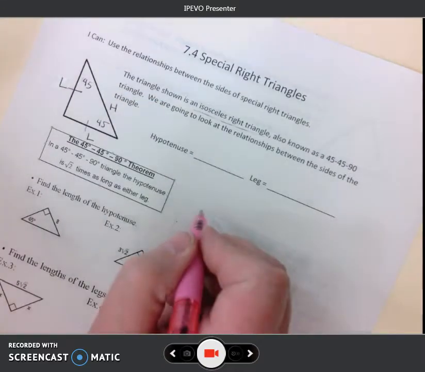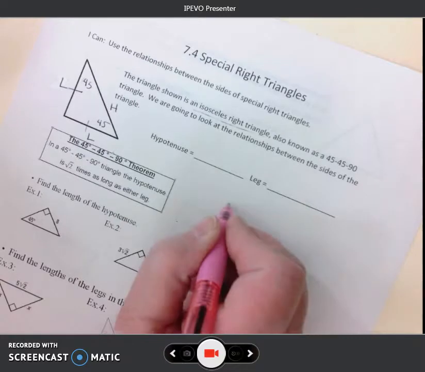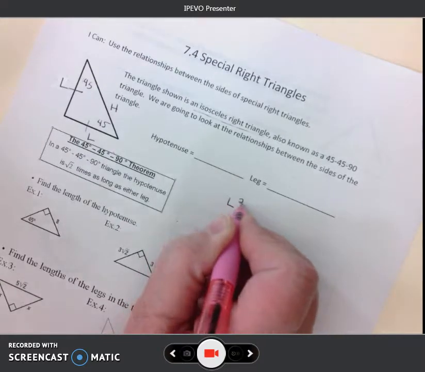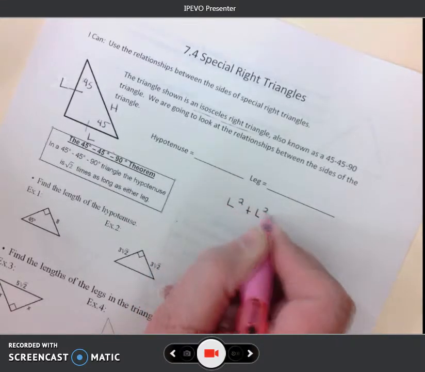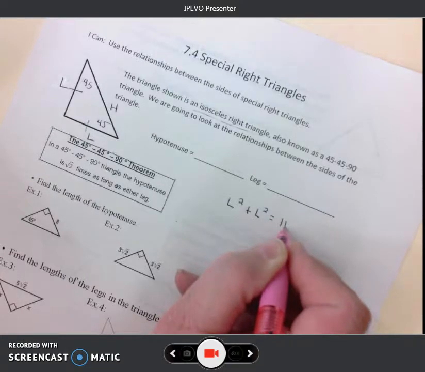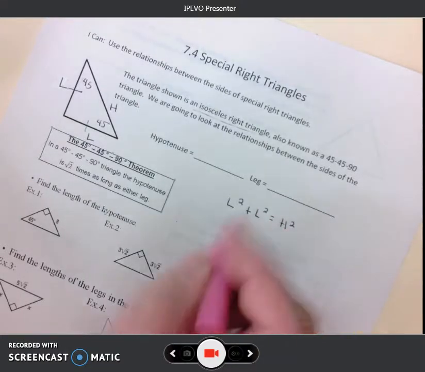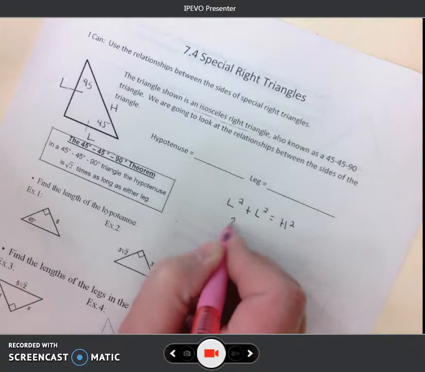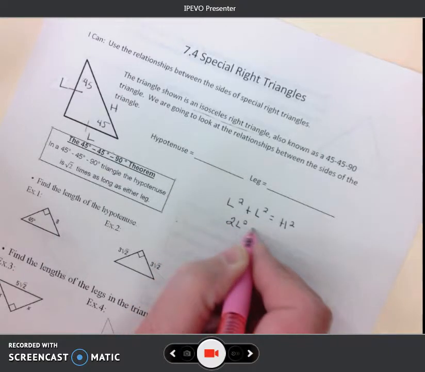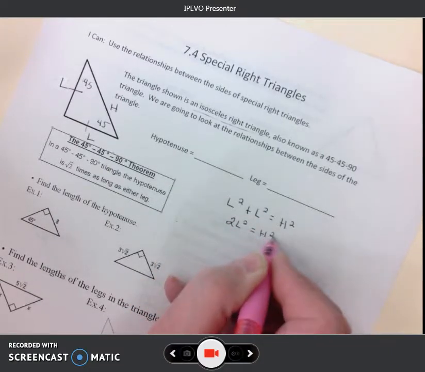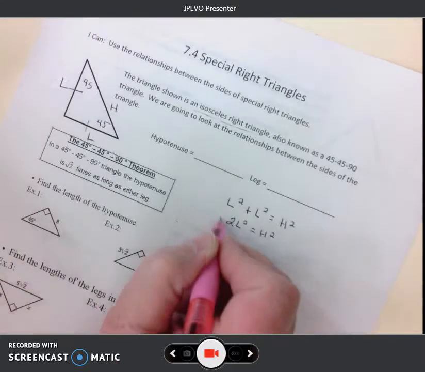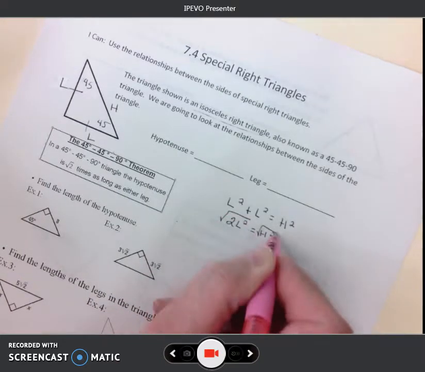Now I'm going to do the Pythagorean theorem using those variables to get L squared plus L squared equals H squared. But L squared plus L squared would be 2L squared equals H squared. Then I'm going to take the square root of both sides.